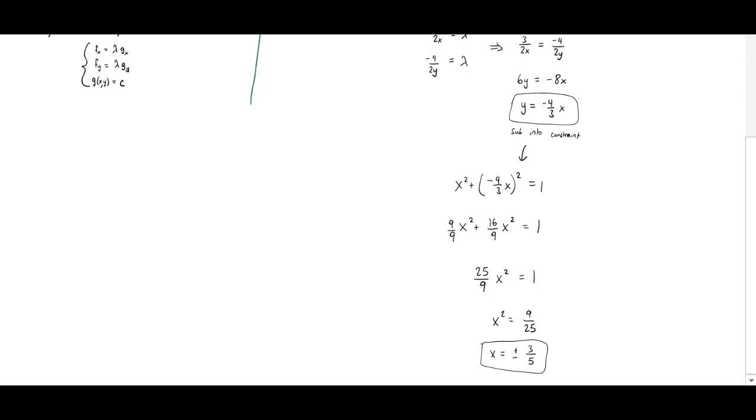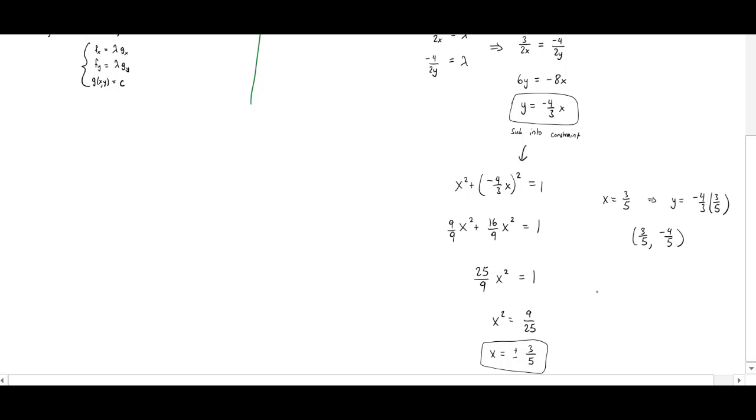Now I want to plug them back into this equation that we found earlier to get y. So when x is 3/5, we will get y is negative 4 over 3 times 3/5. So one point that we get, x is 3/5, and y is negative 4/5.